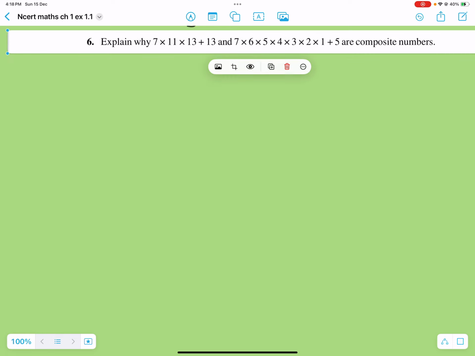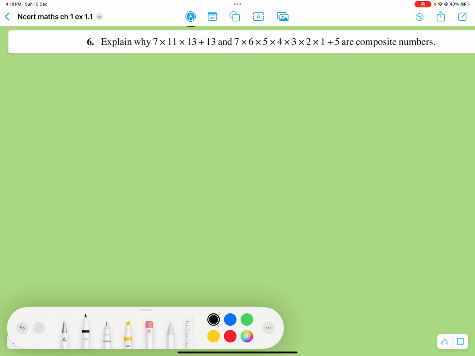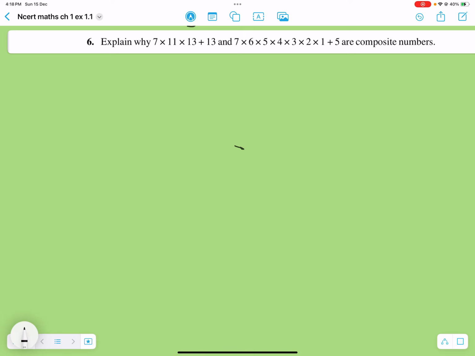So what is our next question? The next question is very easy. It says, explain why 7 multiplied by 11 multiplied by 13 plus 13 is a composite number. So if you remember, in the last classes we have already discussed that composite numbers can be written as a product of prime numbers in one unique way, right?